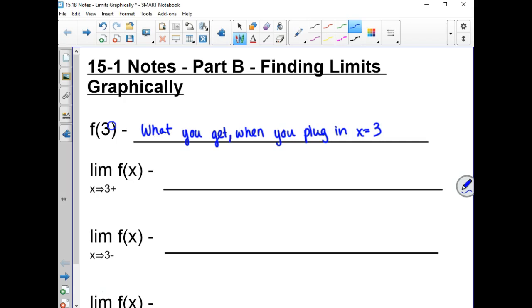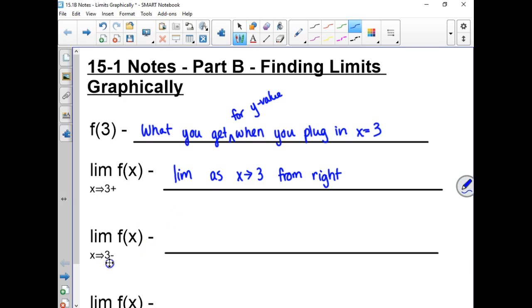I should say what you get for your y value whenever you plug in x equals 3. For this, we just did this. This is the limit as x approaches 3 from which direction? From the right.